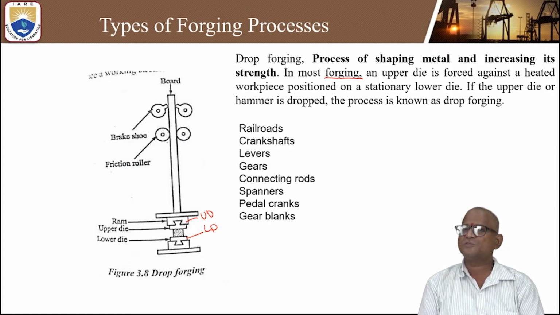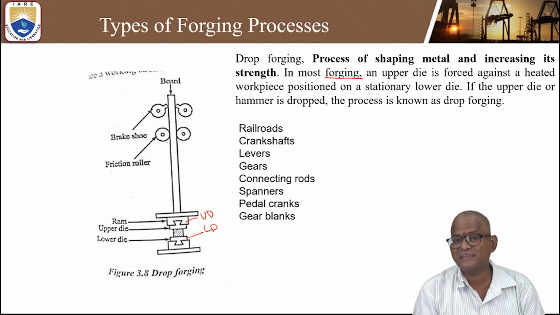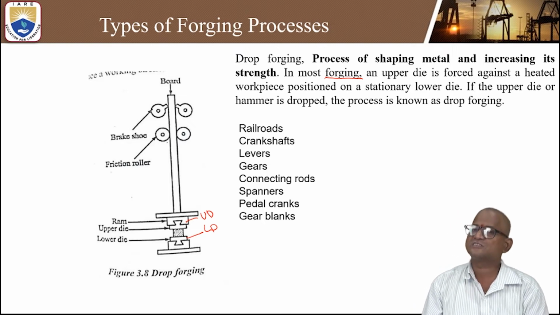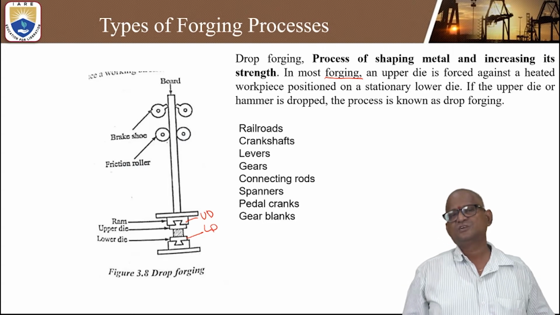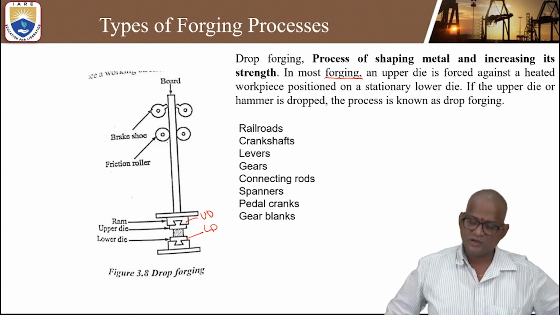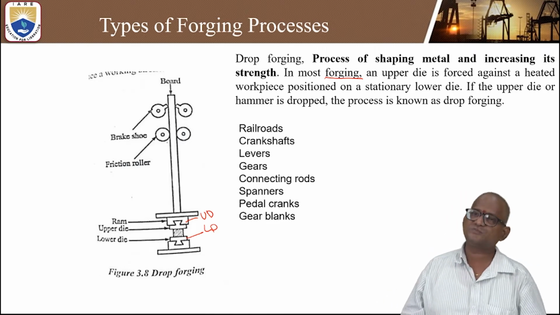The best examples of drop forging are wrenches, adjustable wrenches, spanners, connecting rods, gates, levers, crankshafts, railroads, pedal blocks and gear blocks. These applications are widely used in the drop forging process.